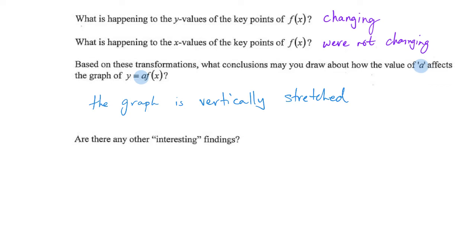Now, if we examine what happened in that last one where we put the 1/4 on, we might struggle to want to use the word stretch for that. It is a stretch, but a word that might make more sense with the shape of the graph might be a word like compressed. By us attaching a number outside that f of x by multiplying, it seems to stretch our graph or compress it, however you may choose to think about it.